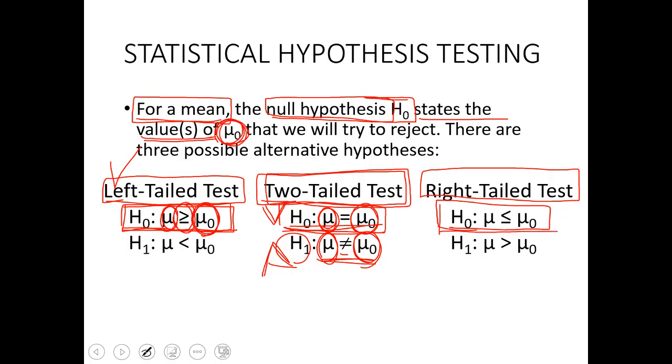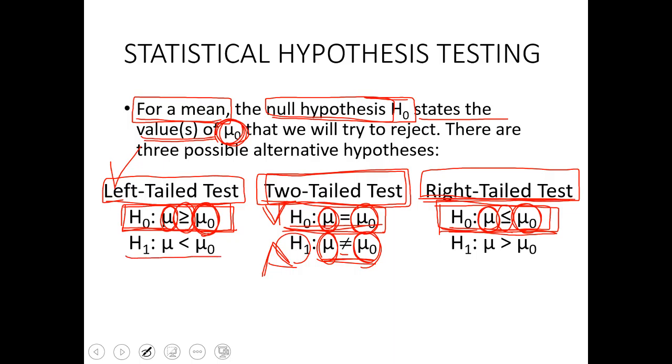The right-tailed test is that the population mean is less than or equal to the benchmark value. So this is the null hypothesis for the right-tailed test.